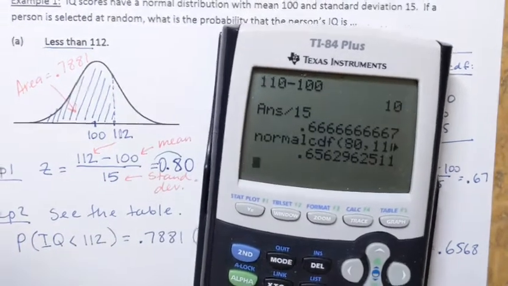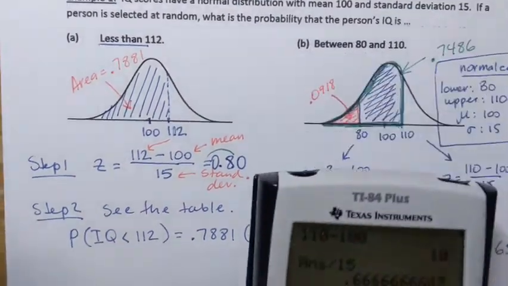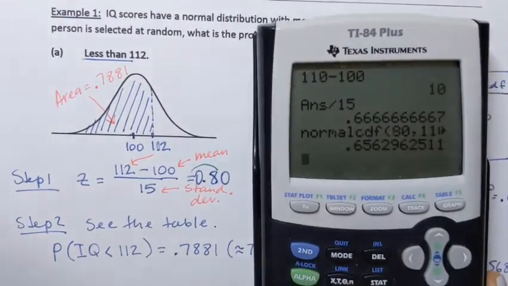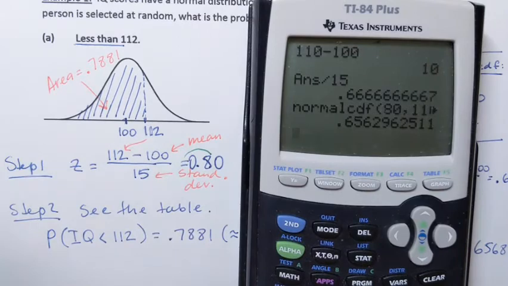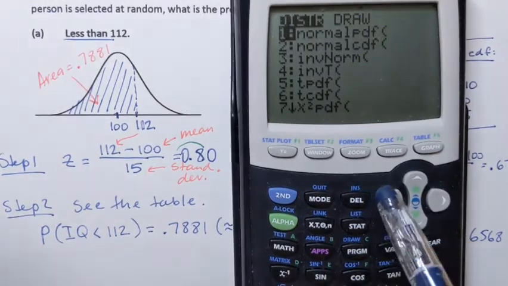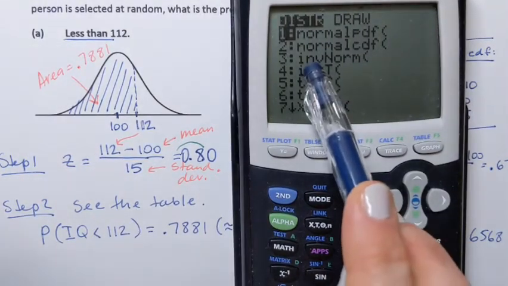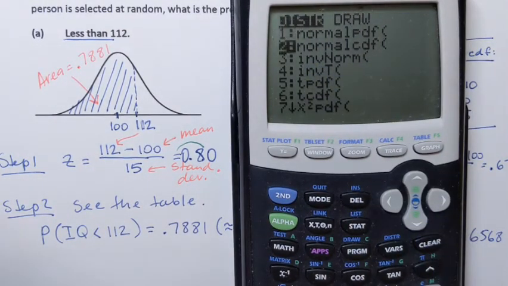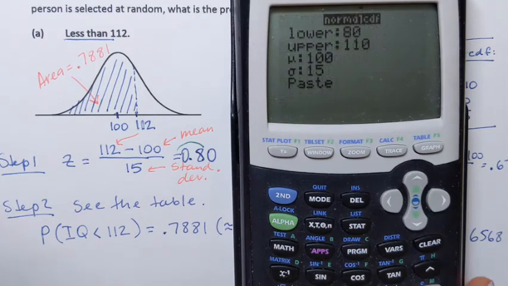Let's check our answer for question A. So let's try it. Again, I'm pressing second, then vars to open distribution. So here, vars, and go down to number 2. So normal CDF. I'm pressing enter.